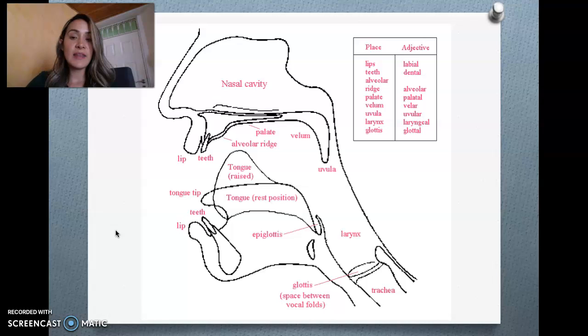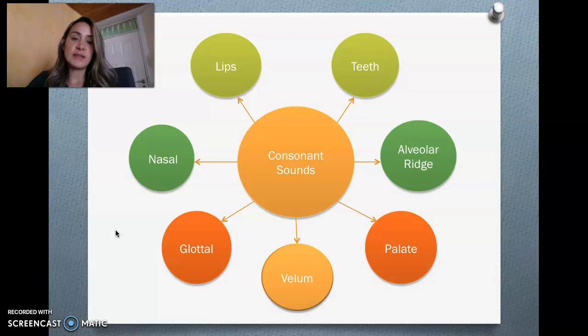The lip, the alveolar ridge, palate, velum, uvula, larynx, and glottis are very important for pronunciation, and gesturing uses the different muscles. The sounds are the consonants.